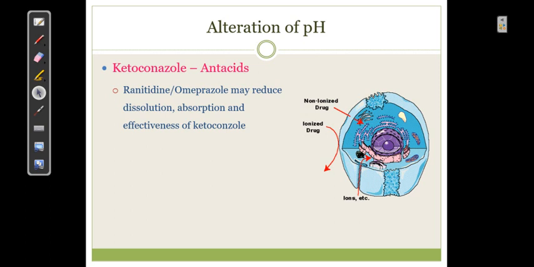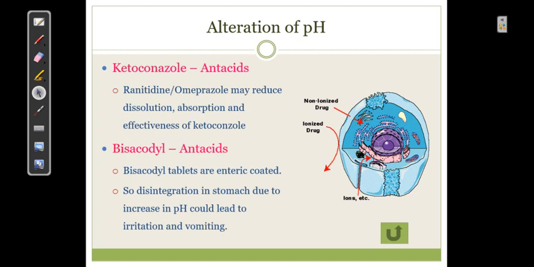Okay, moving ahead with the second example, bisacodyl and antacid. You know that bisacodyl is an irritant type of laxative agent. Because they are irritant in nature, they normally irritate the intestinal mucosa, and that is how they increase peristaltic movement and produce a laxative purgative action. That is the reason why bisacodyl tablets are always enteric coated.